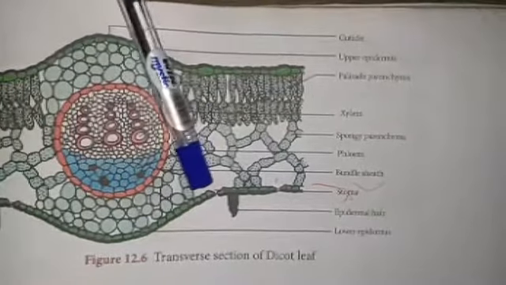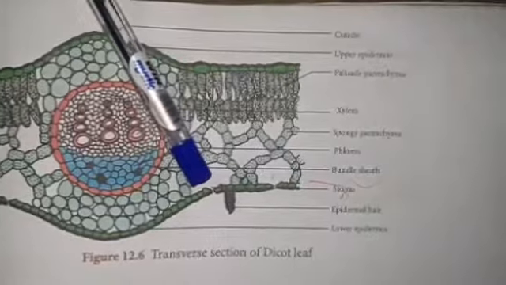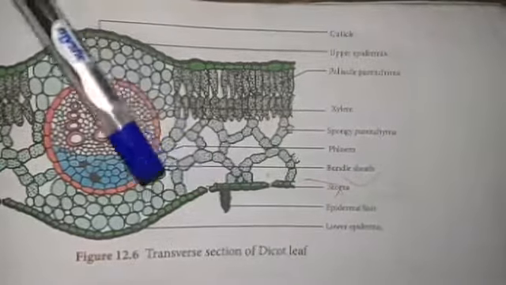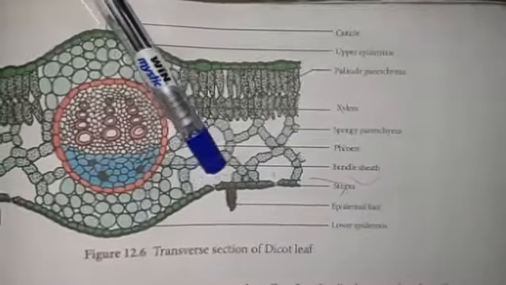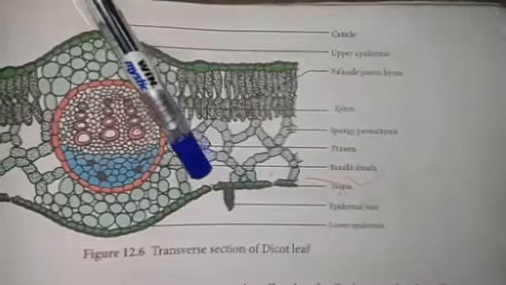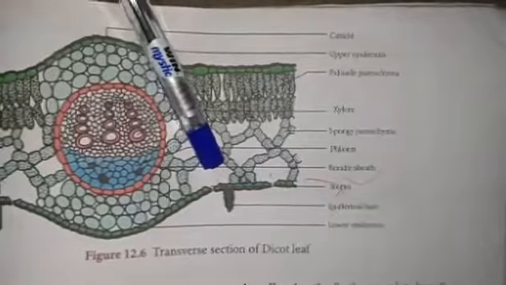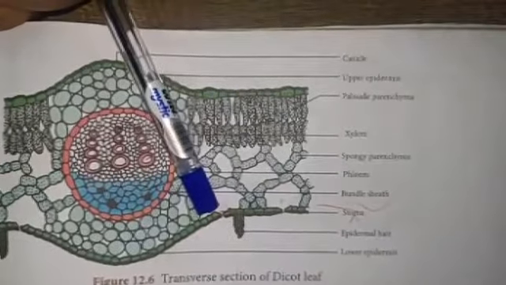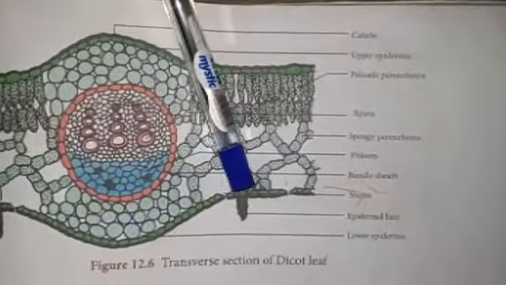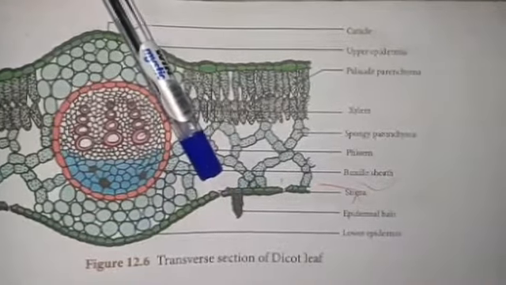The stomata are guarded by two bean-shaped guard cells. Each stoma opens internally into an air chamber. Only the guard cells of the epidermis contain chloroplasts, whereas the other epidermal cells do not possess chloroplasts.